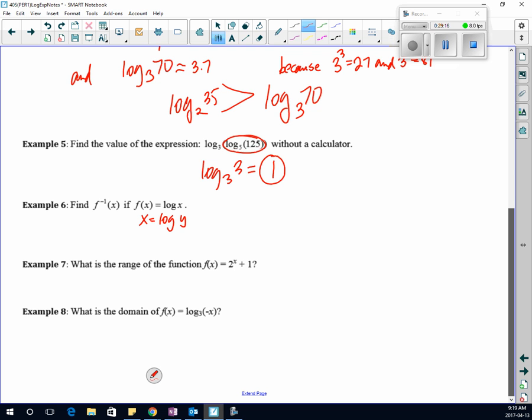Now I need to resolve for my y. Well, how am I going to get y unattached from that log? I need to exponentialize, right? So 10 to the power x equals y. So what's my inverse then? Inverse is 10 to the power x.